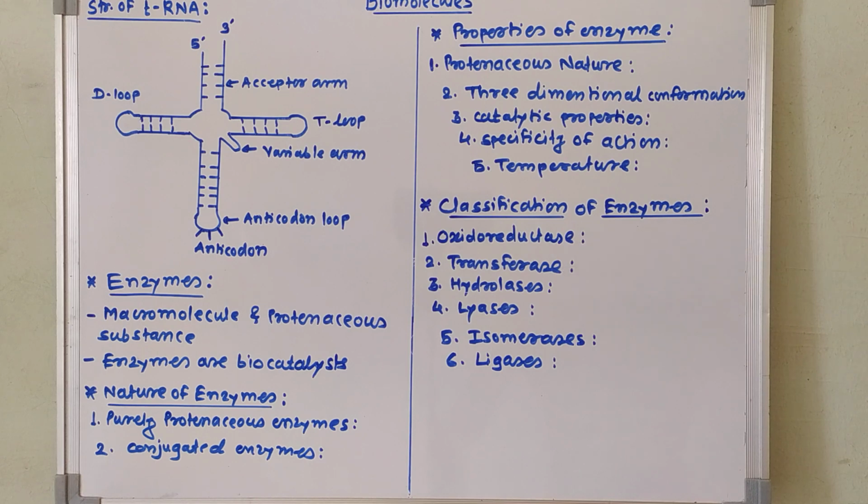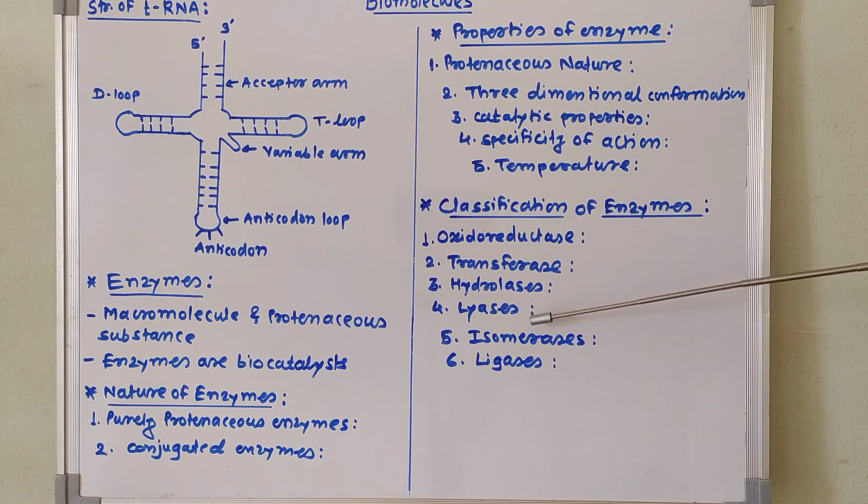Then transferase: the enzyme which helps in the transfer of a chemical group between a pair of substrates is called transferase. Next one, hydrolase: the enzyme which catalyzes hydrolysis of ester or ether is called hydrolase.